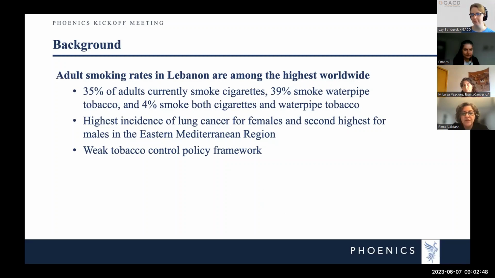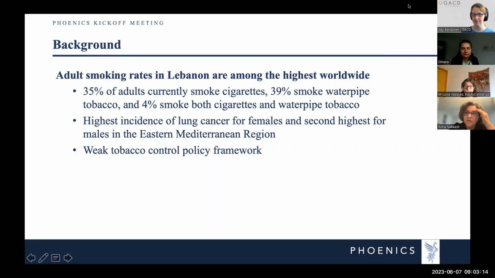And the latest survey that we conducted found 39% of adults smoking water pipe and 35% smoking cigarettes. This is within a context where there is high incidence of lung cancer among females, and it's the second highest among males, with a very weak tobacco control policy framework.